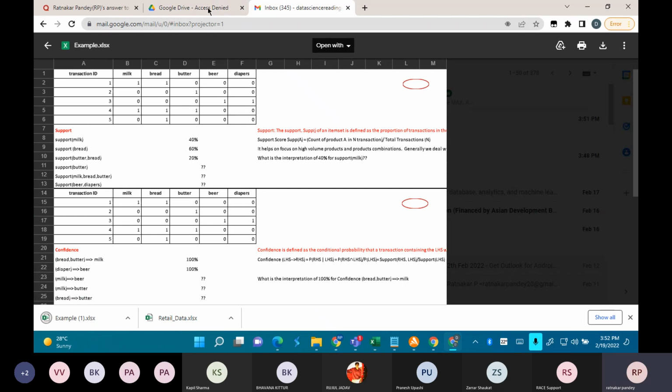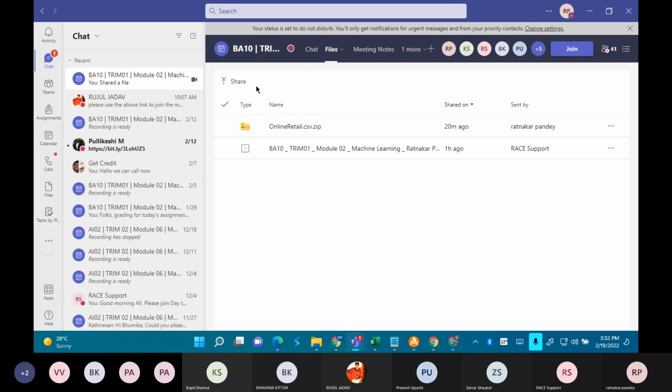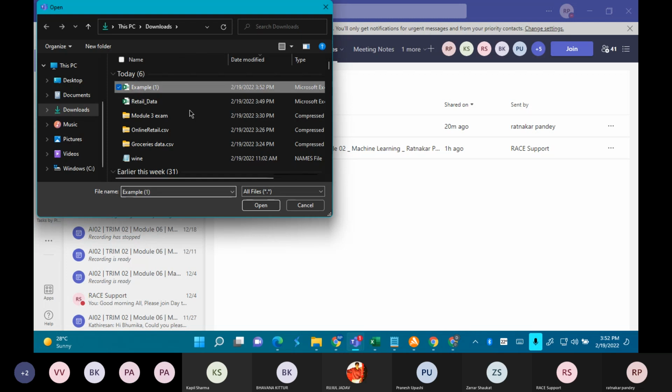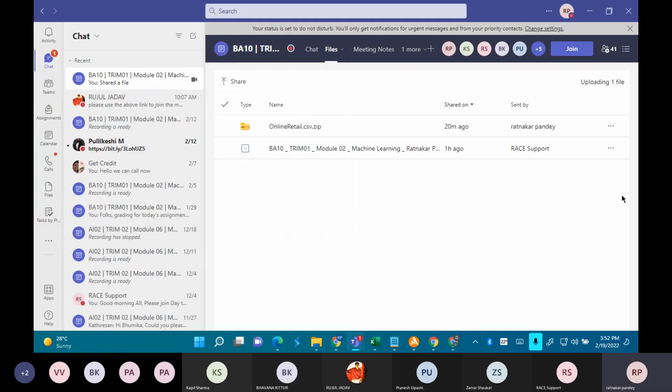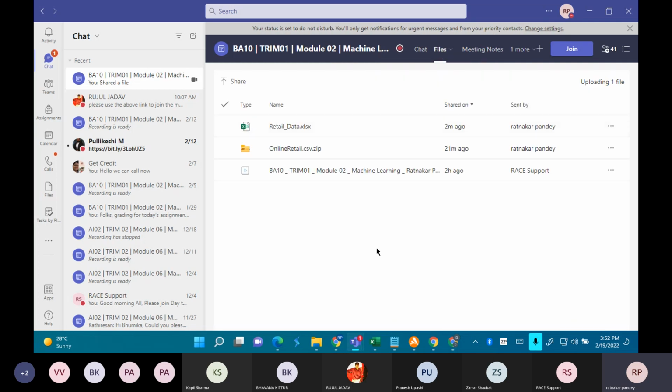Oh, I already had that example file here. I didn't know that. Okay, so both files should be there with you. Let me know once you have it.